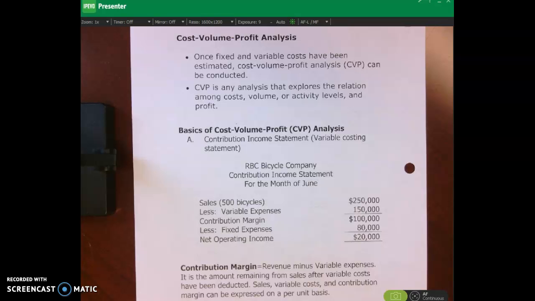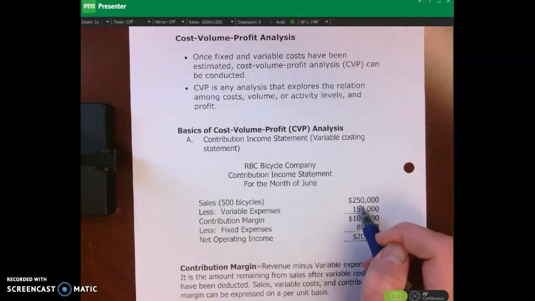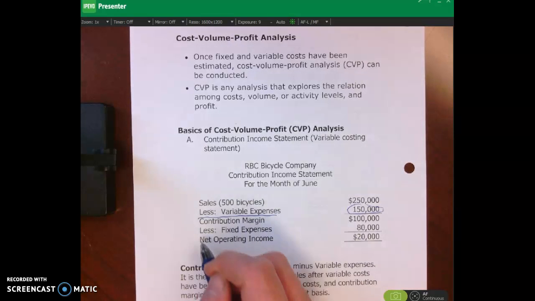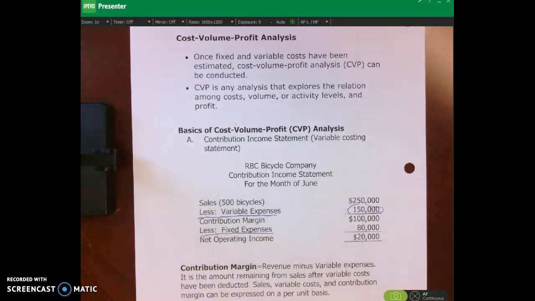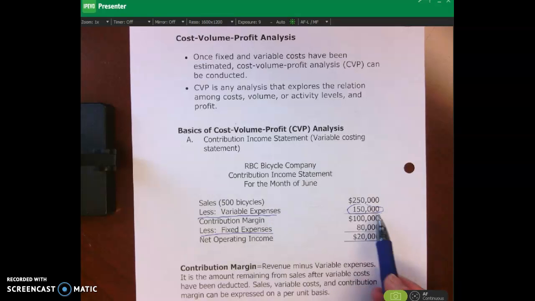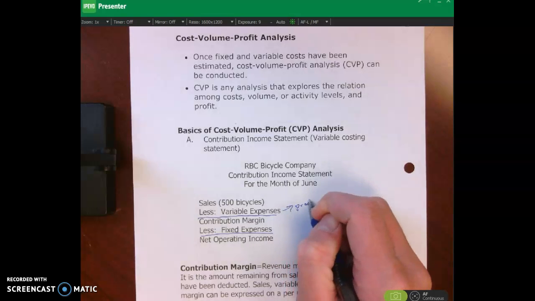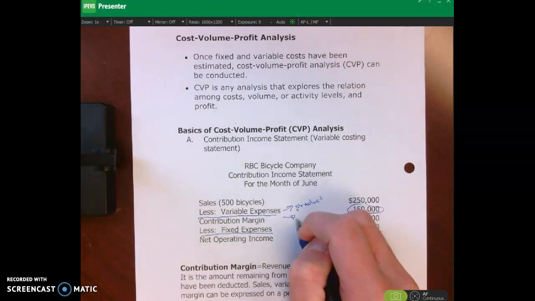With this, we separate out our costs by variable versus fixed. We put all of our variable expenses right over here: variable product and variable period.